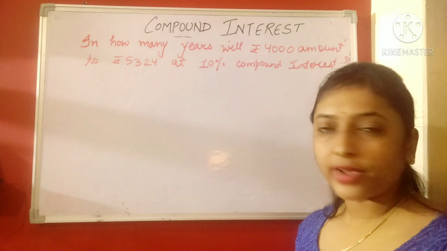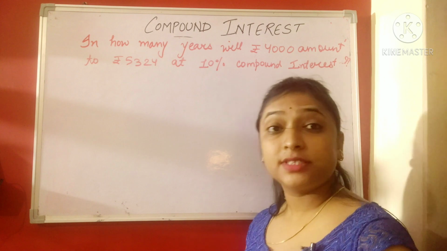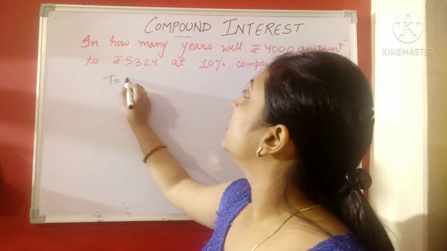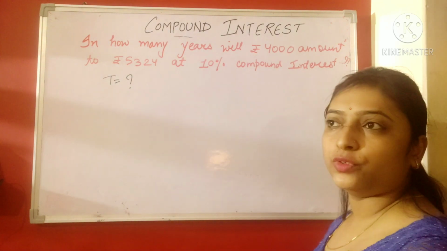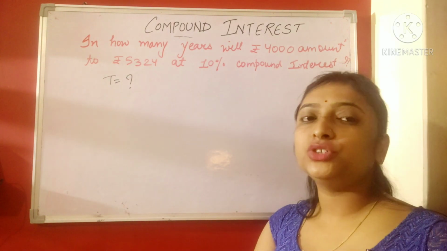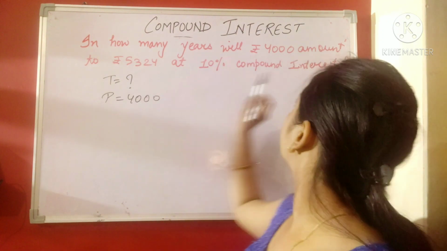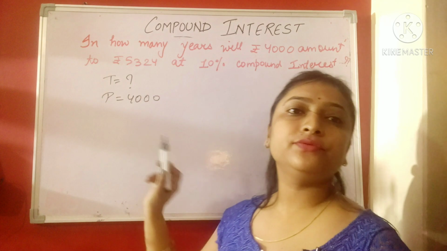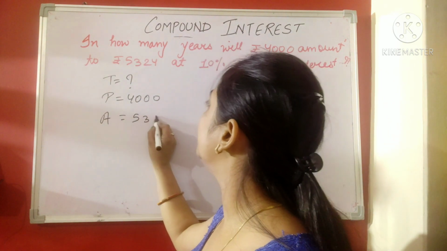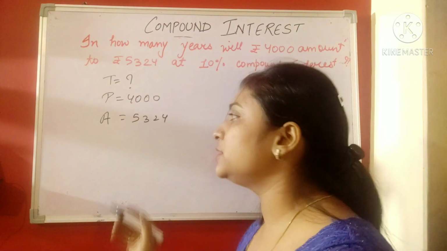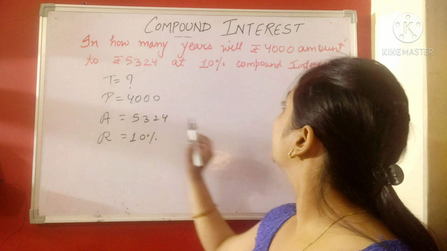Here we have our next question. The question says, in how many years? That means time is asked. Will rupees 4,000 amount, that means we are talking about initial money, that means principal will be rupees 4,000, amount to 5324, that means amount will be 5324 at 10% per annum, that means rate is 10%.